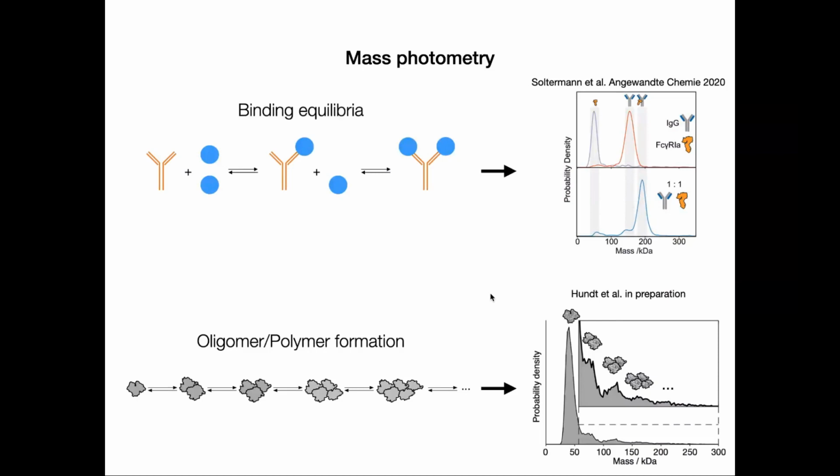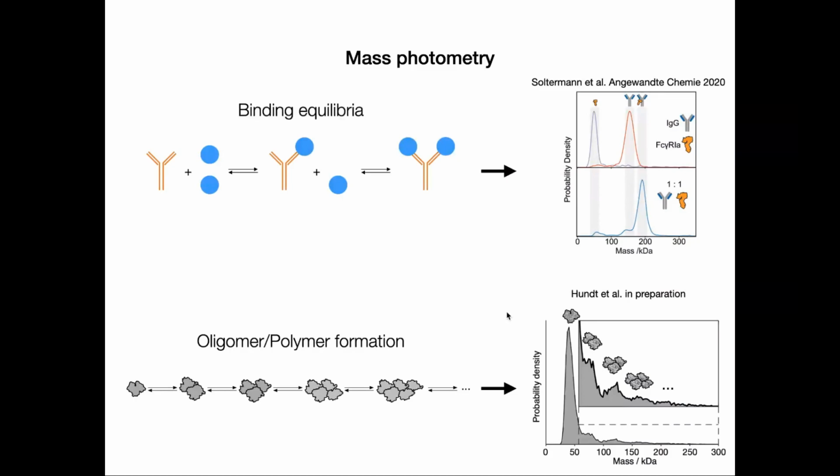And we've also used this to study oligomerization reactions, like shown here for actin, down to the level of individual actin subunits and small seeds. Now this is all nice, and you can use it for a lot of different protein systems, but at the moment we can only use it for soluble ones.